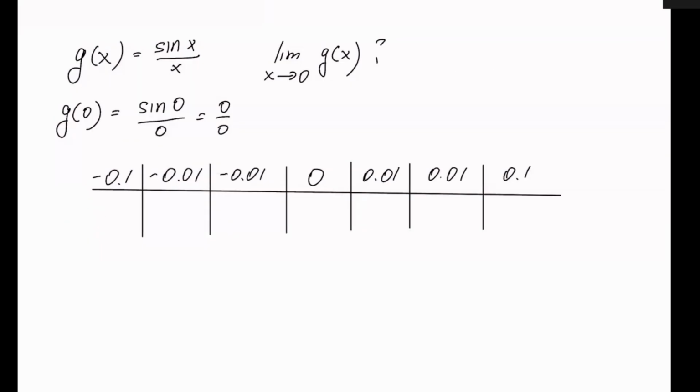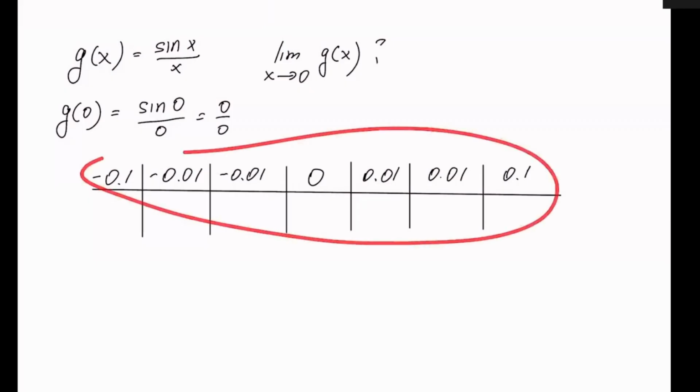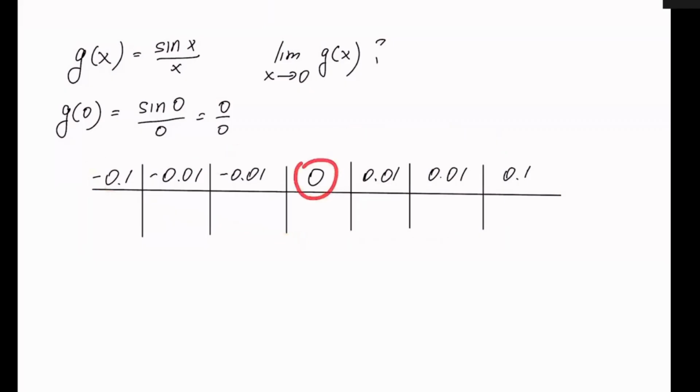So we'll set up this small table right here. 0 is the point of interest, so I will put it in the middle, and then I will approach 0 from one side and the other side to see what these values are, and see if I can guess what the limit of my function is at 0.